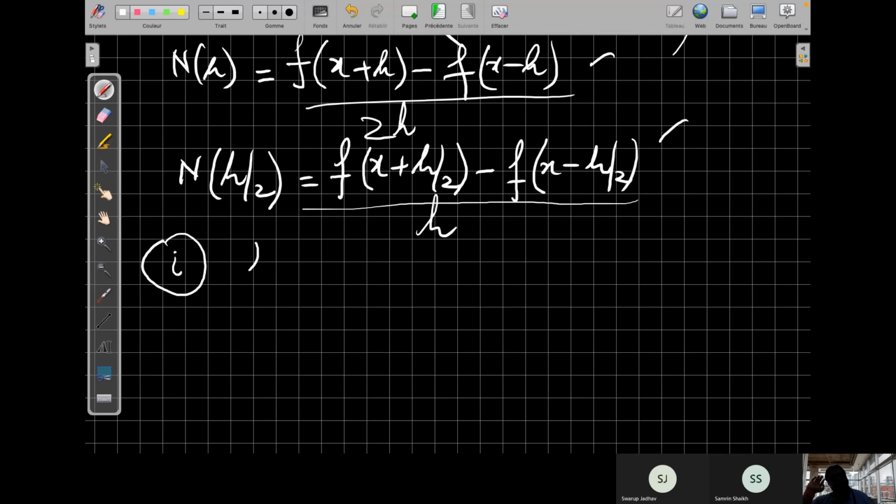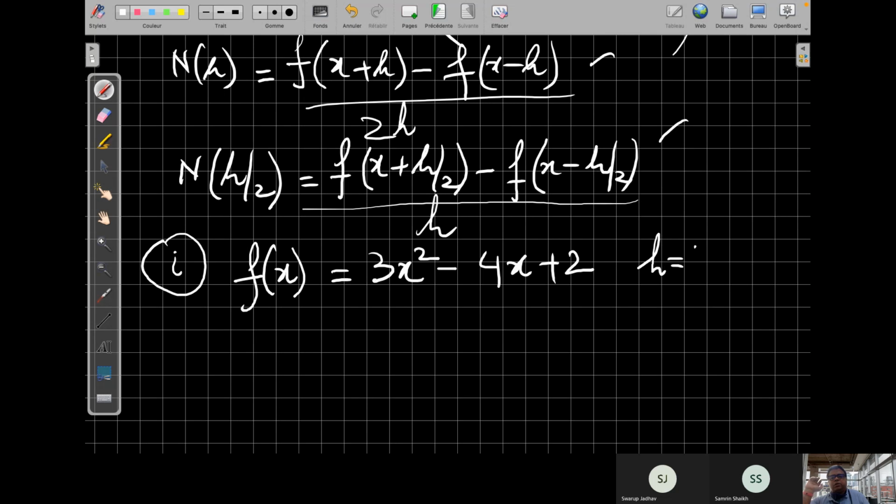So I'll take my f(x) to be 3x square minus 4x plus 2. Okay. And then here you take h is equal to 0.01.